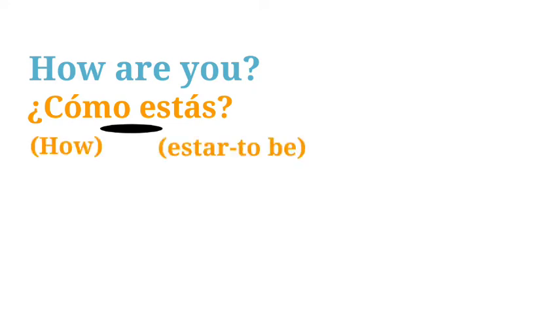Okay, so we really don't pronounce these words separately, we try to join them. So it's ¿cómo estás? ¿Cómo estás? So ¿cómo is how. Estás comes from the verb estar. The Spanish language has the verb estar, which means the verb to be. So ¿cómo estás? is how are you.